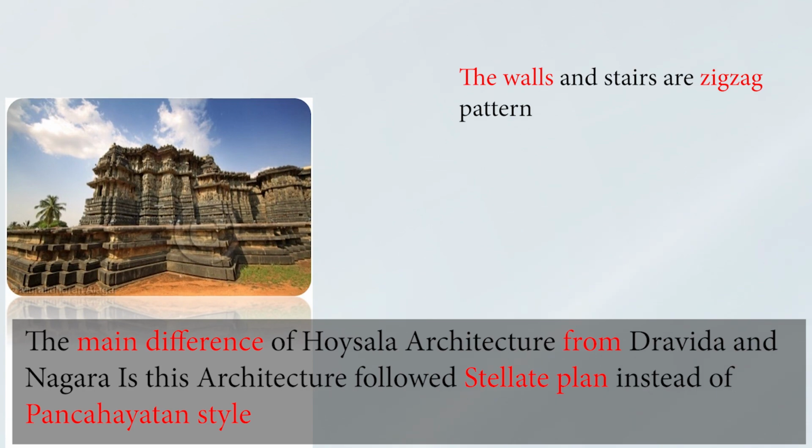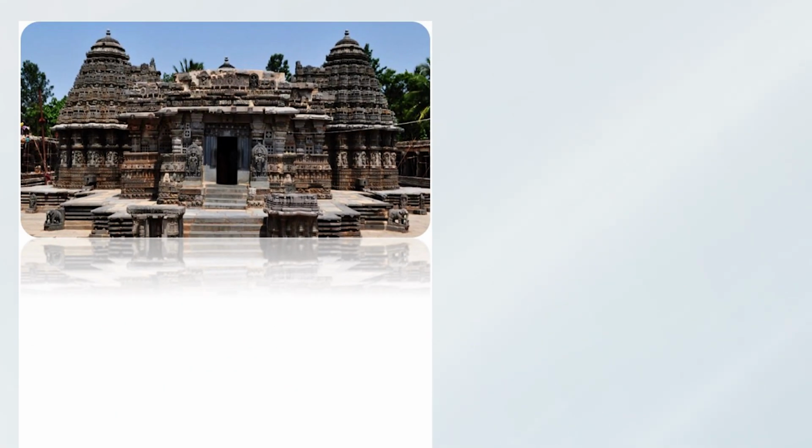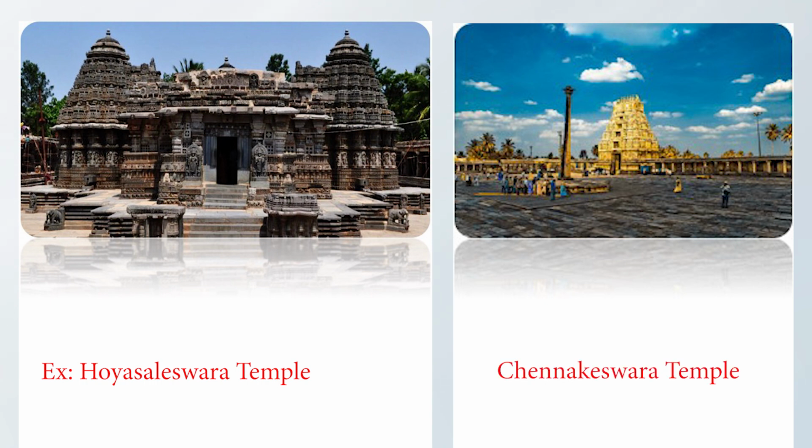We already mentioned the Panchayatana plan. Okay, the examples of the Hoysala school of architecture. First is the Hoysaleshwara temple at Halebidu, a former capital of the Hoysala Empire. This temple was dedicated to Lord Shiva. Next important example is the Chennakeshava temple at Belur. It's dedicated to Lord Vishnu.